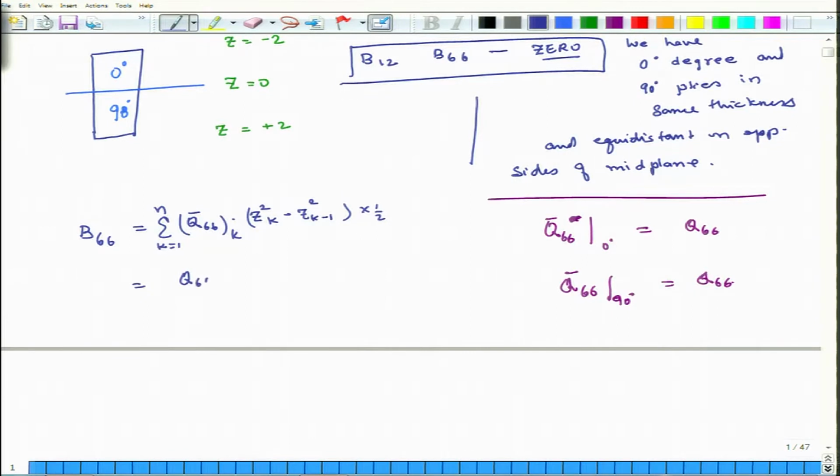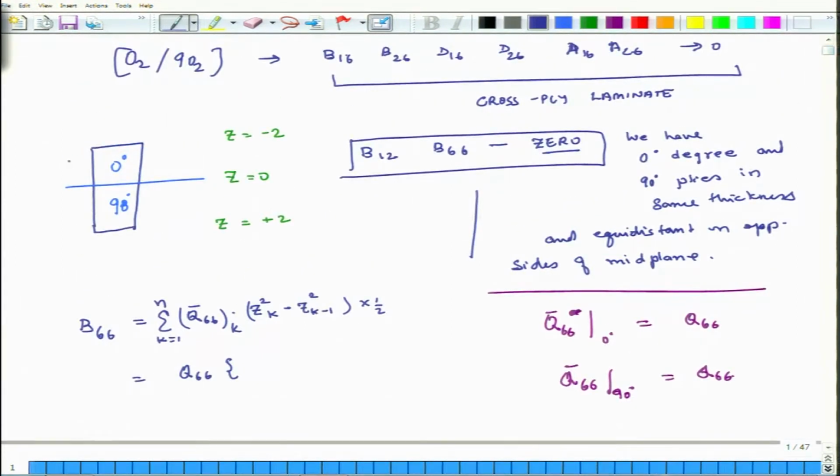It is equal to Q66 for the 0 degree layer times, for this layer, 0 squared minus (-1) squared, plus Q66 times, for the 90 degree layer, 1 squared minus 0 squared, and this entire thing into 1 over 2.